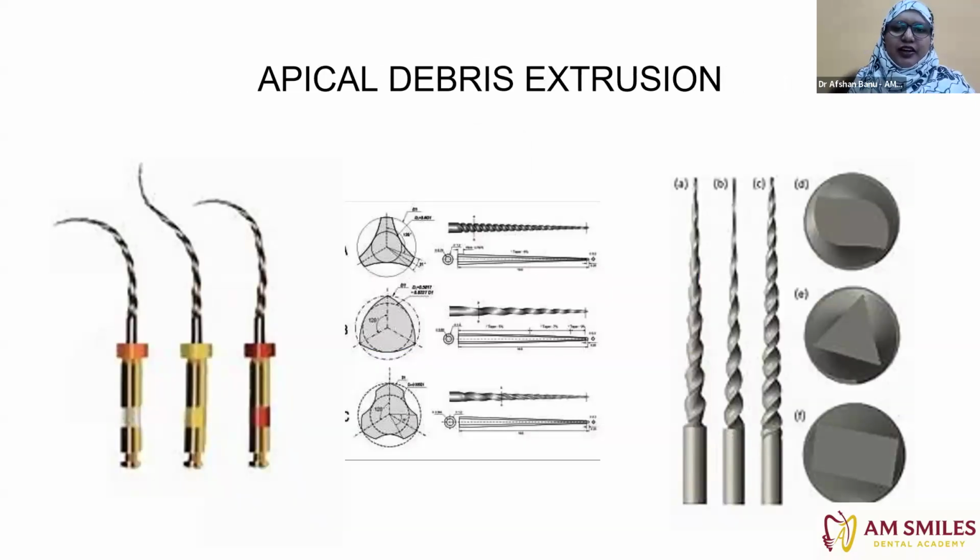And the final one, now we have reached our topic. The fourth reason why the patient is going to have post-obturation pain is apical debris extrusion. Whenever you do biomechanical preparation, you remove the dentin in the wall.